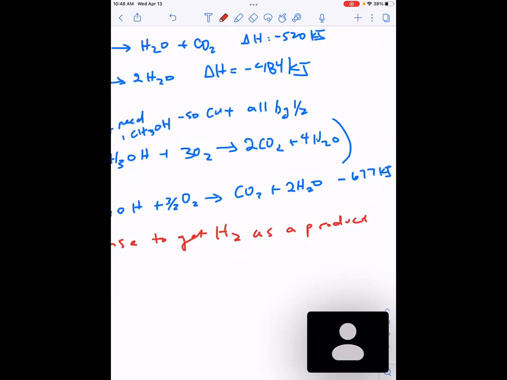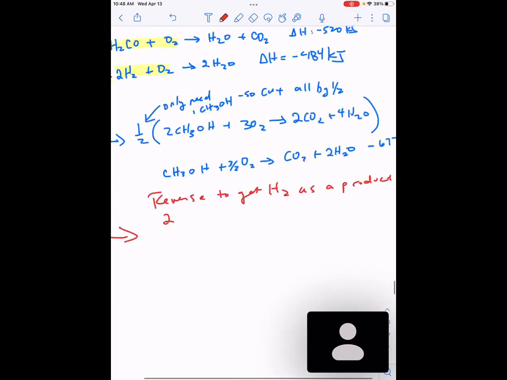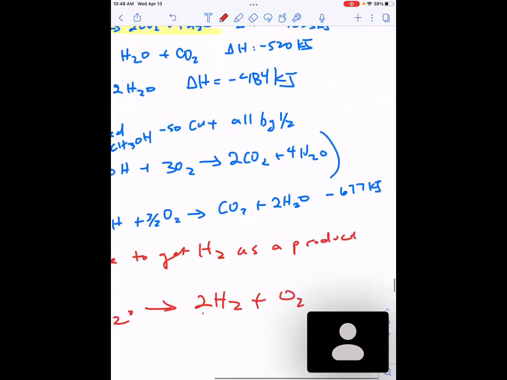All right. So now what we're going to do here is put the water on this side. So 2H2O going to 2H2 plus O2. When we do that, we also got to change the sign of the enthalpy.